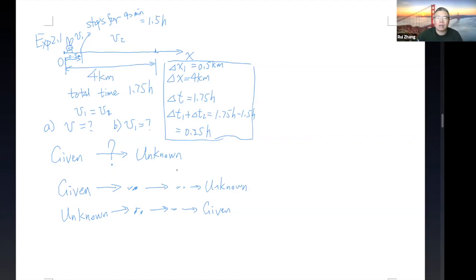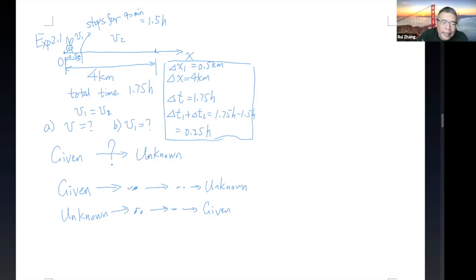For some more complicated problems, you need to do both, and these two paths may meet somewhere in the middle. Roughly speaking, that's how you do it.